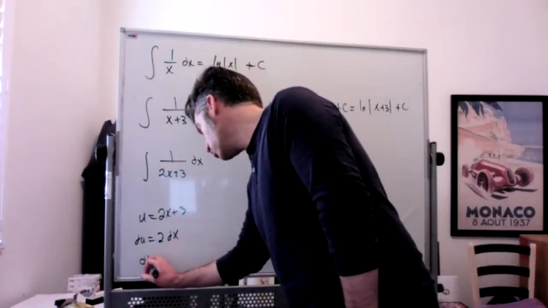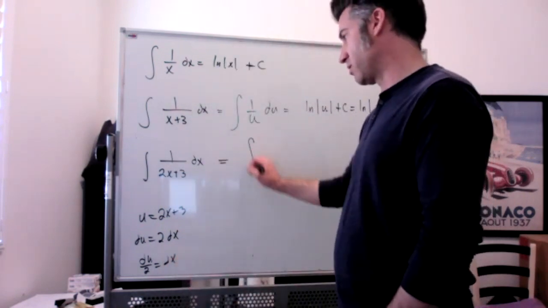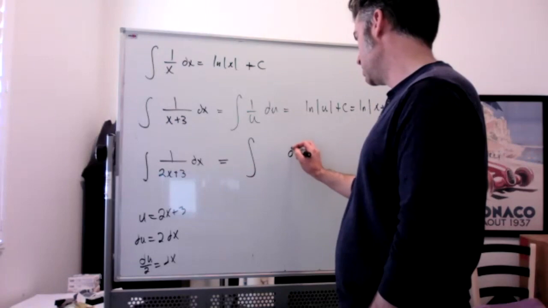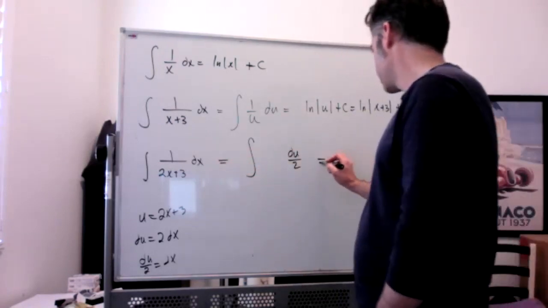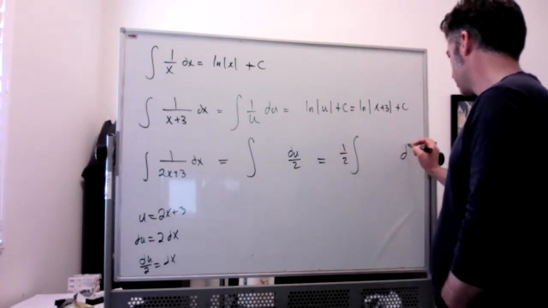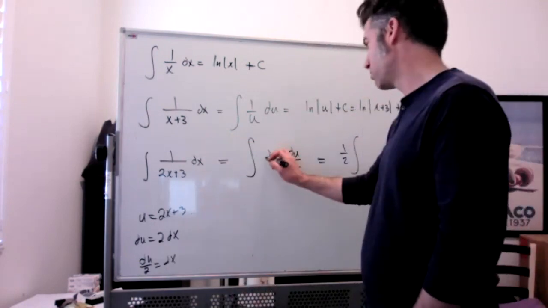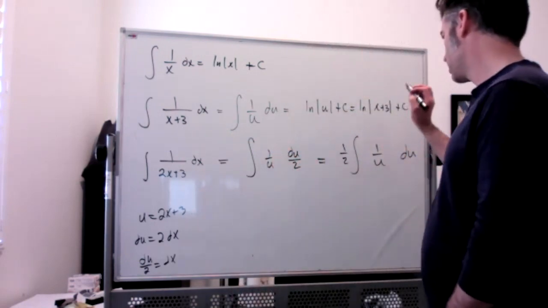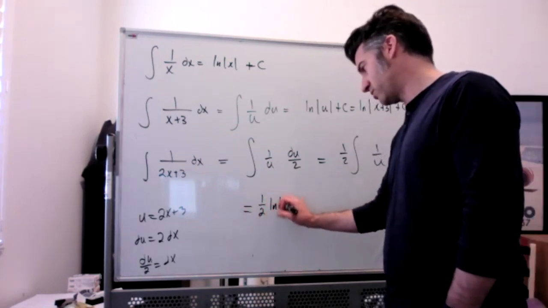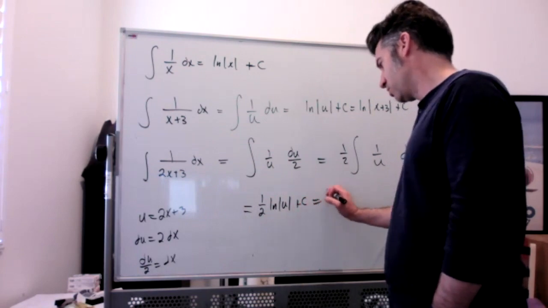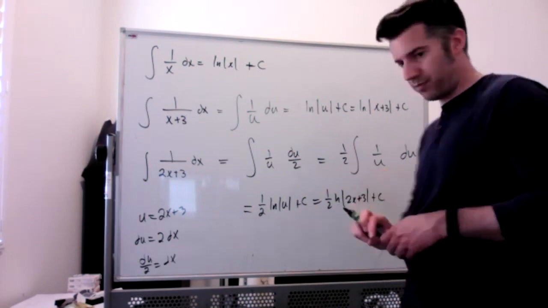So du divided by 2 equals dx. So now I'm going to rewrite this. This is the integral of, so dx is du over 2. I would rather put that 1/2 out in front. And then 1 over 2x plus 3 is just 1 over u. The integral of 1 over u is still the natural log of the absolute value of u. So you get 1/2 the natural log of the absolute value of u plus c, which is 1/2 the natural log of the absolute value of 2x plus 3 plus c.